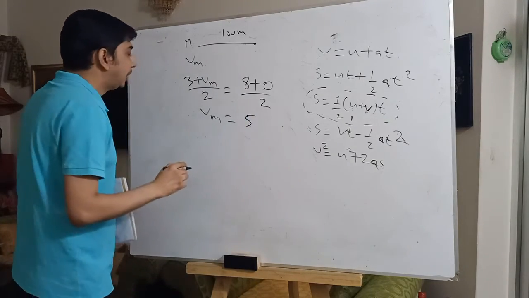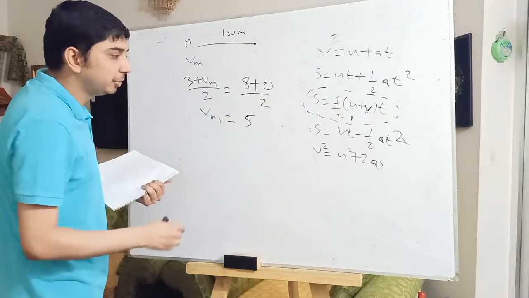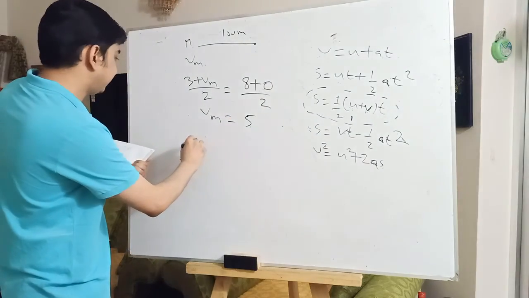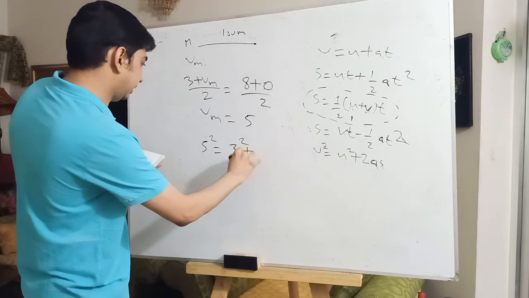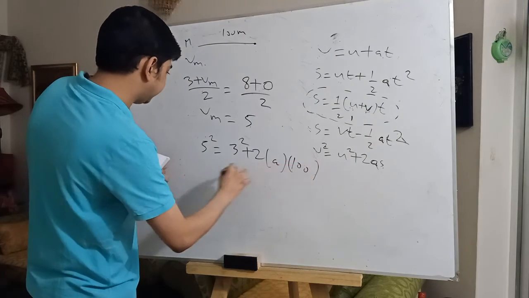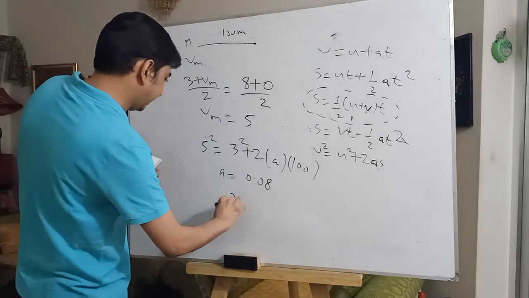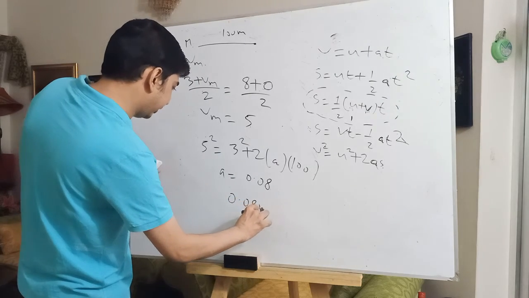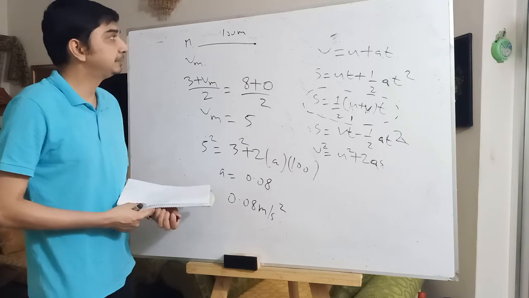Okay. So now we have to find the acceleration of the man. So let's use v square is equal to u square plus 2as. So the value of a is 0.08. So the acceleration of the man is going to be 0.08 meters per second square.